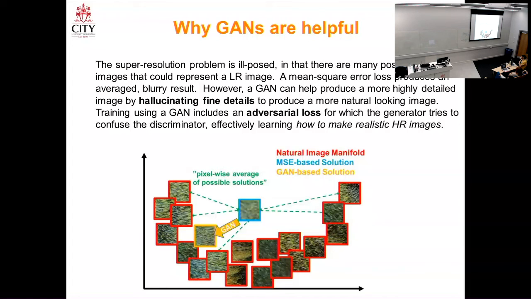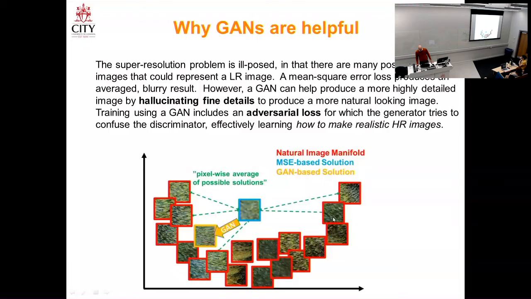The reason why we might be interested in GANs, especially for super resolution, is that because this problem is ill-posed, there are a lot of high-resolution images that can represent a low-res one. And this mean square error or L2 loss can produce an average blurry result. That's visualized here in the cyan box.